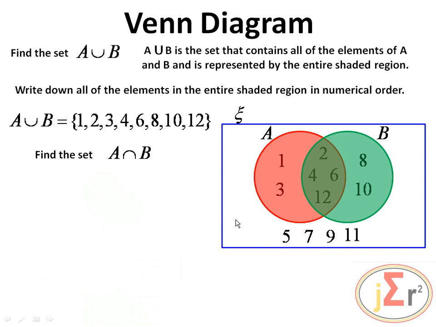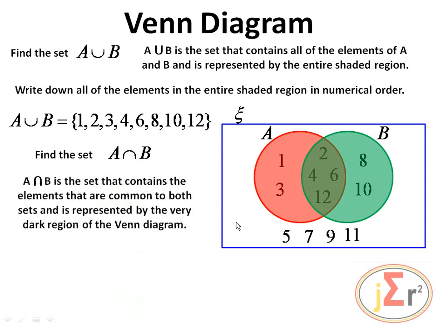So next we are going to find the set A intersection B. A intersection B is a set that contains the elements that are common to both sets and is represented by the very dark region of the Venn diagram, which is this.